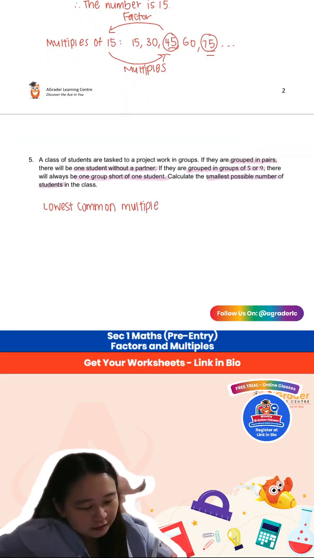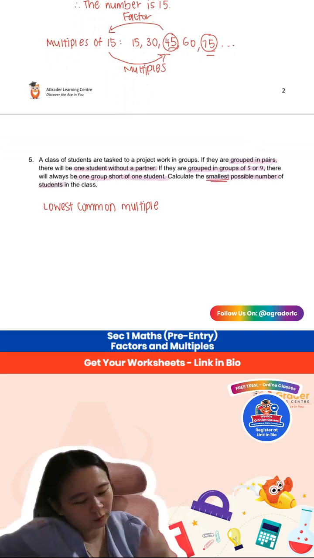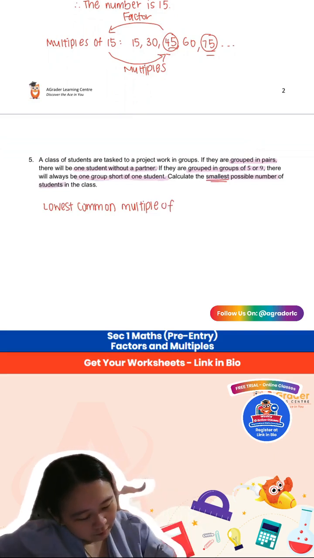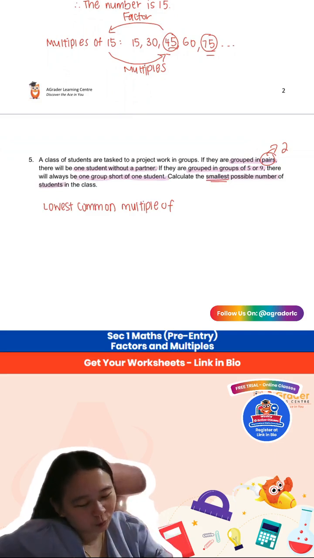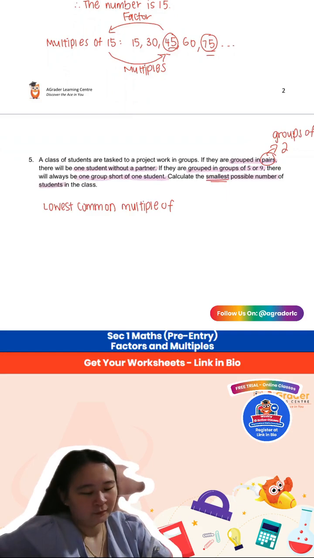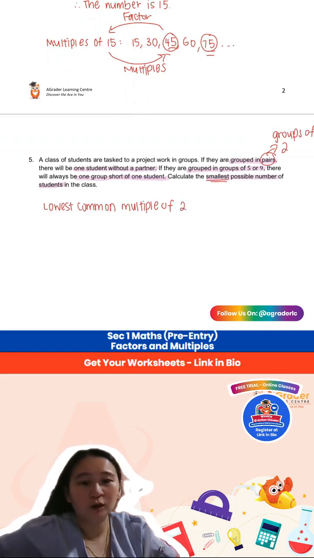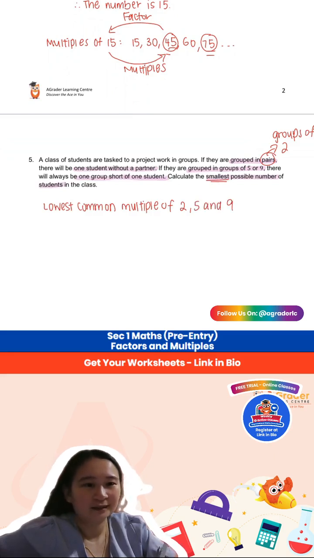The keyword here is they ask for the smallest. So you just need to find the lowest common multiple of 2, 5, and 9.